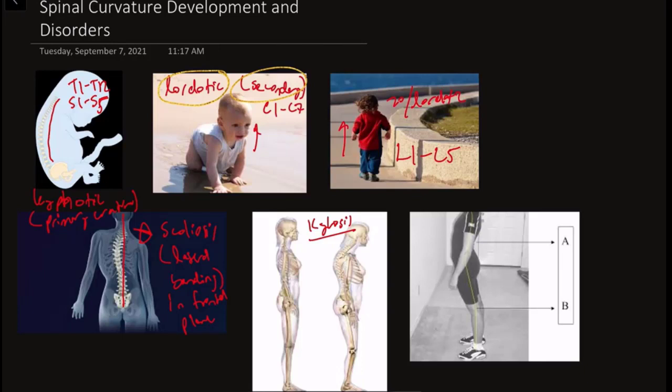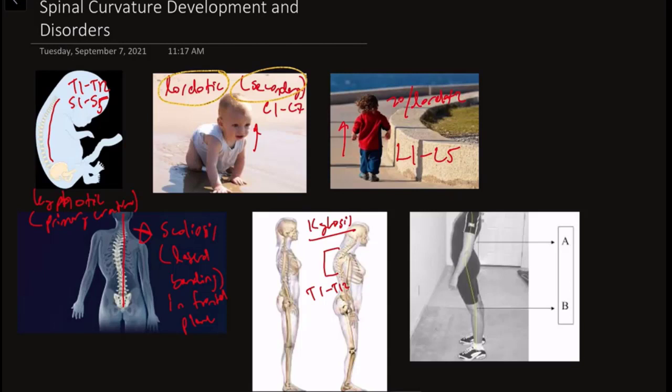The kyphotic curvatures are going to be your thoracic region as well as your sacral region, and those areas can become more pronounced. Generally, it's probably going to be in the thorax, which is this guy right here. So T1 through T12 are going to be the specific vertebrae that are actually taking on an additional sharper curve.